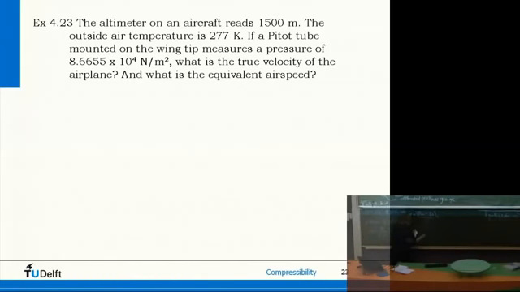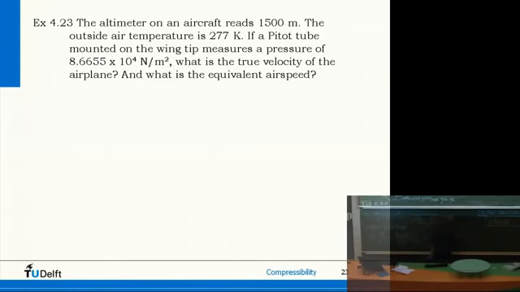So then we find the density to be 1.064 kilograms per meter cubed. So now we can compute the velocity, square root of 2 times P0 minus P over rho.